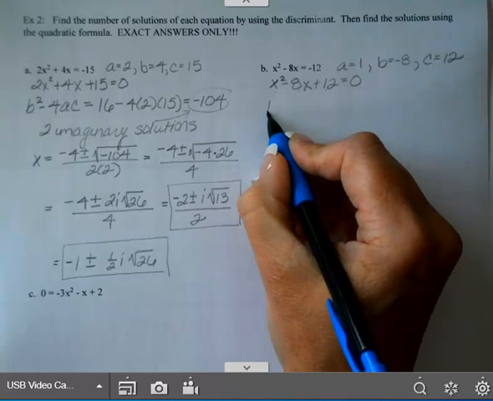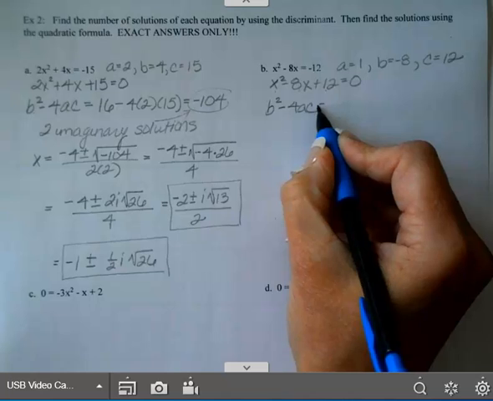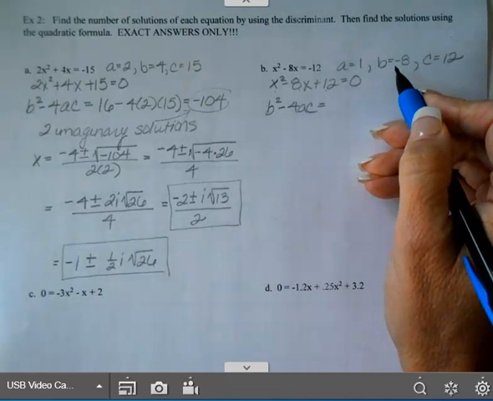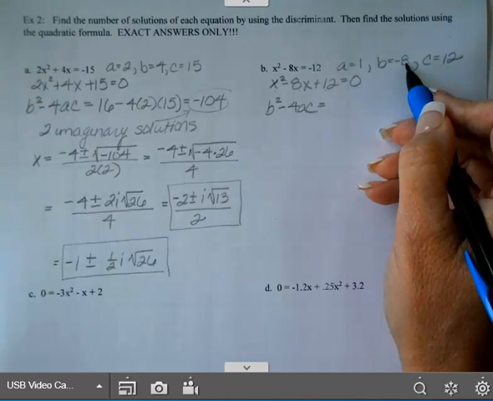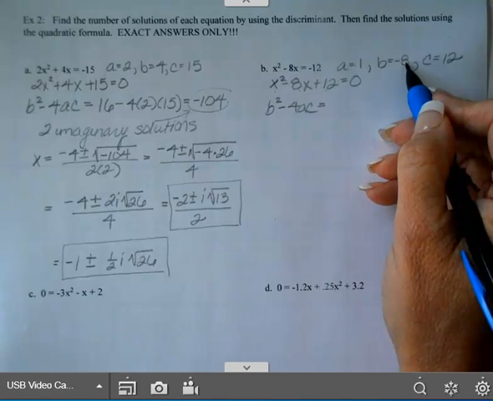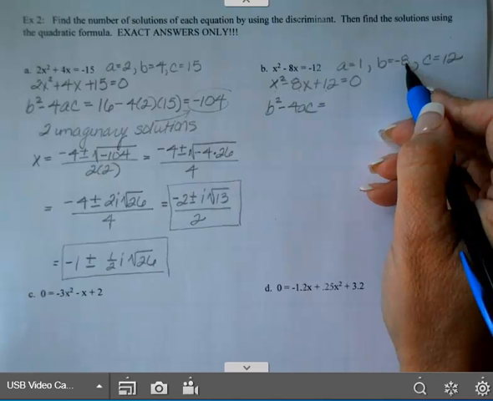And then b squared minus 4ac. Here's where people mess up on these. They put negative 8 squared in their calculator and they don't put the negative 8 in parentheses, and the calculator gives them negative 64. And then they've messed up the problem right from the beginning. When you square b, negative 8 times negative 8 is positive 64.